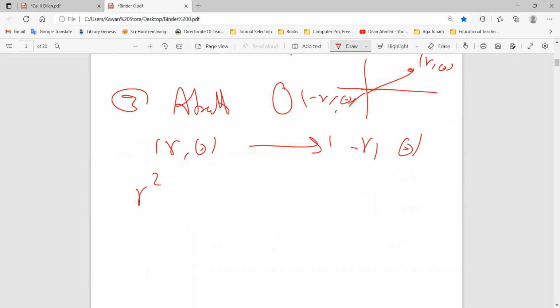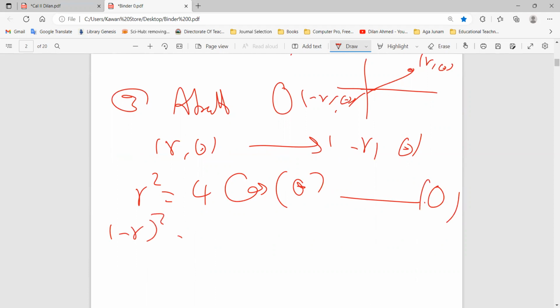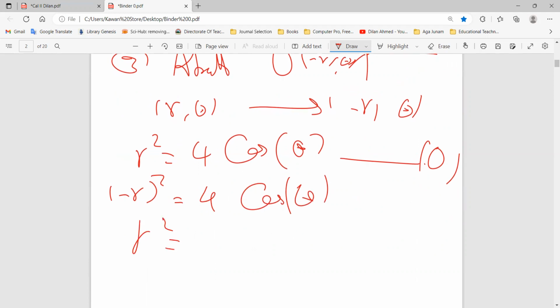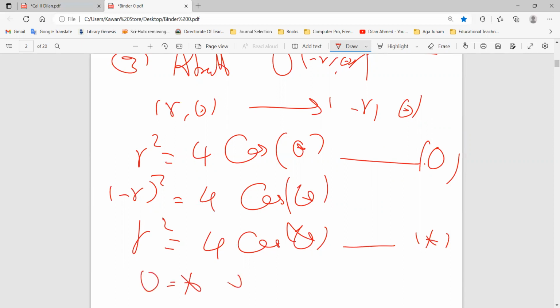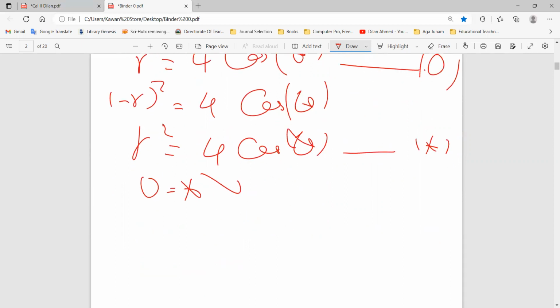So r squared equals 4 cosine theta will change to minus r squared equals 4 cosine theta, which equals r squared equals 4 cosine theta. Instead of going to y, maybe you get a problem you cannot solve. You should use the other one: theta to pi minus theta with minus r. In that case, instead of that one, go to there and you say the same. So they are equal, so it is also symmetric about the origin. Now, how about y?